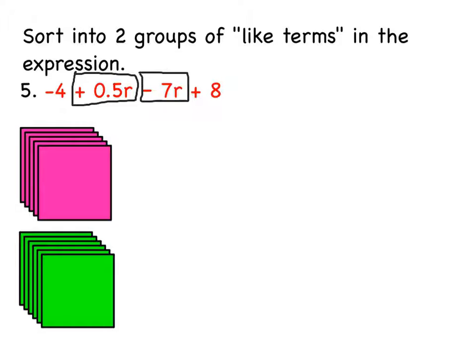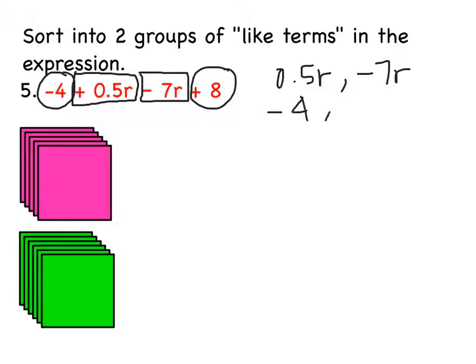So those are my two R terms, and I can go ahead and just list those. So 0.5R and -7R. Then I'm going to put a circle around any term that has a constant in it. So -4 plus 8. So those are my two groups of like terms.